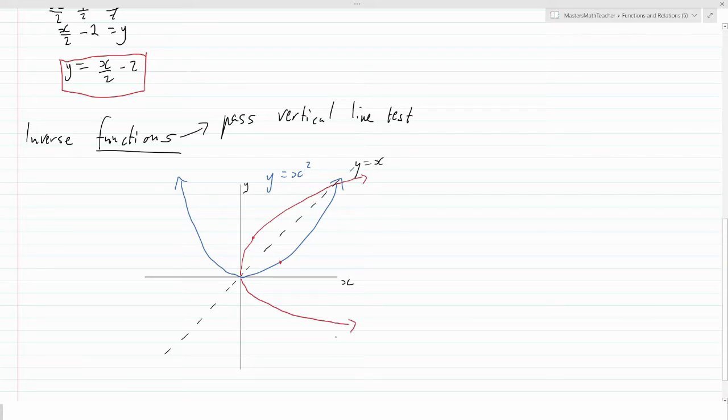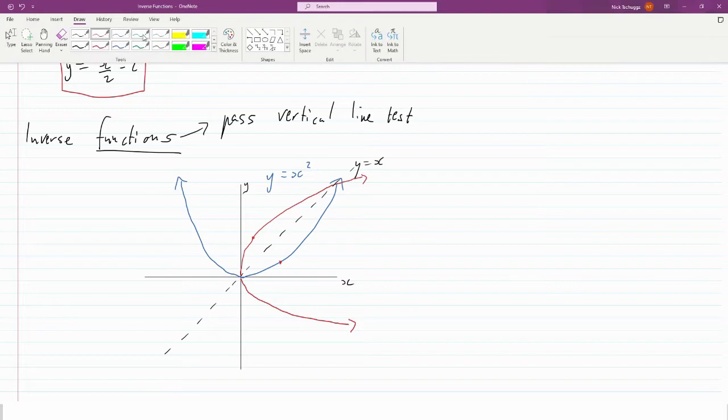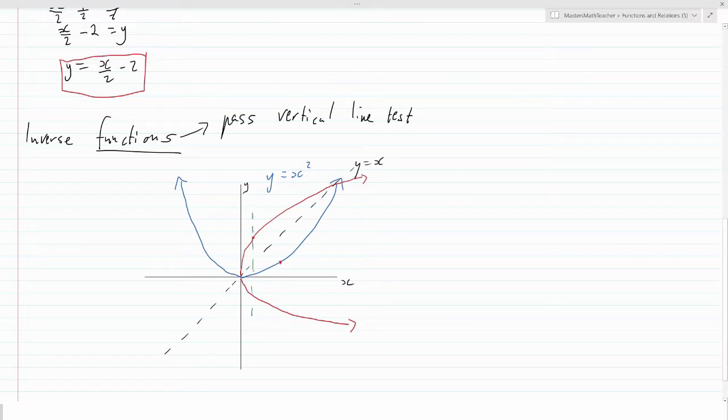But hold on, this doesn't pass the vertical line test. If we draw our vertical lines here, we hit twice, even though the original was a function. So in order to have an inverse function, the original graph must be 1-to-1.